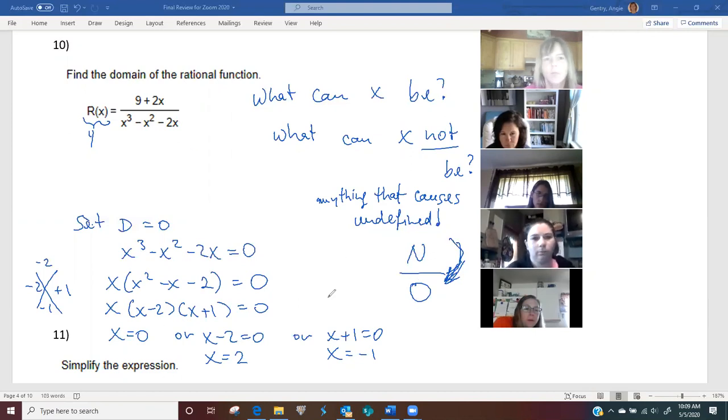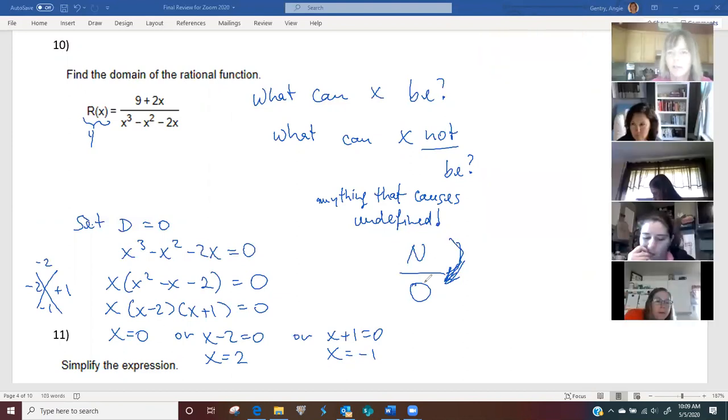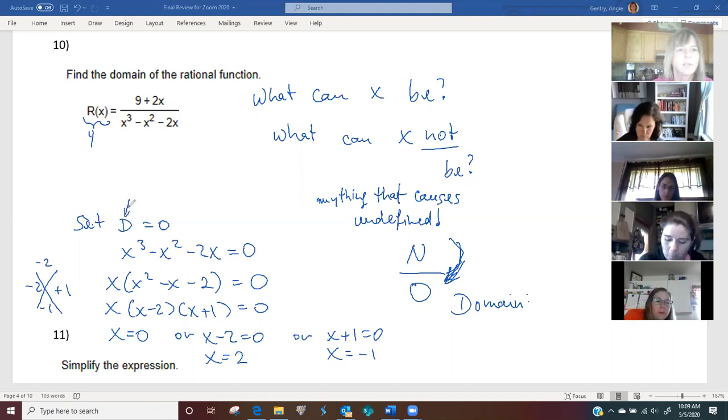So what you're going to say, when it asks what is the domain, is for the final answer, the domain is, and here I didn't mean domain is 0. I meant that is the denominator, okay? That could be a little bit confusing. I meant the denominator here with that d.